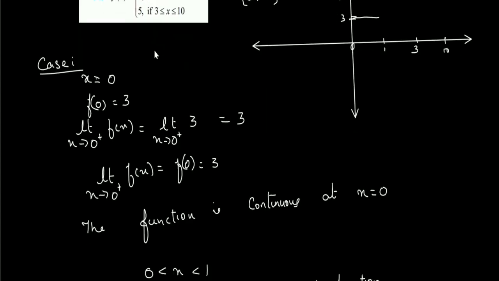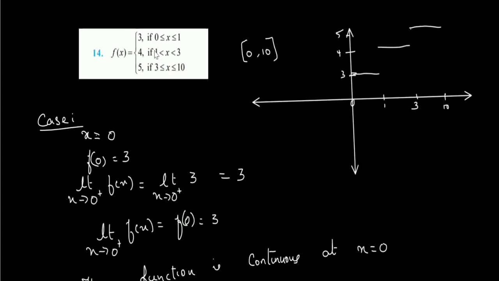Left of 1 the function is 3, and right of 1 it is 4. That means there is a jump here, so the function is not continuous at 1.